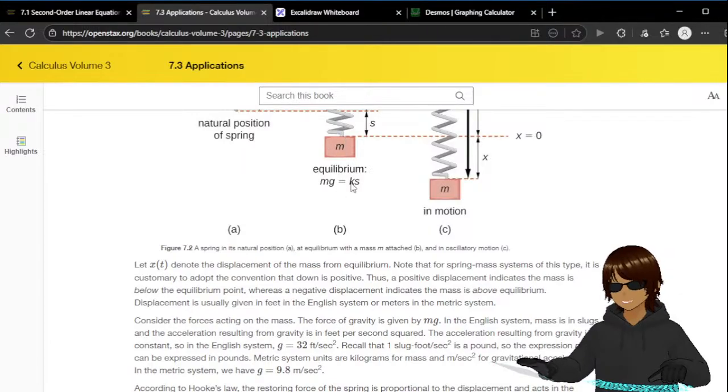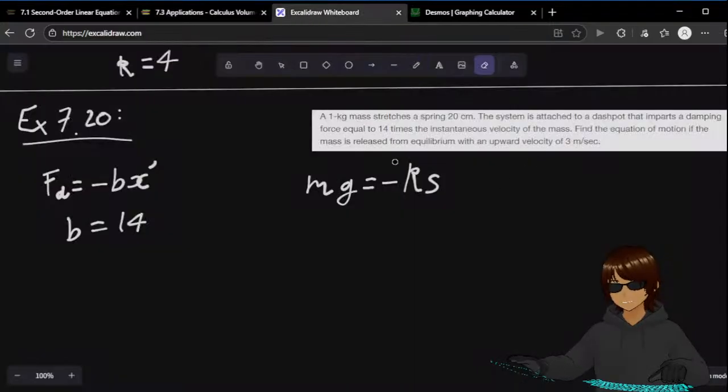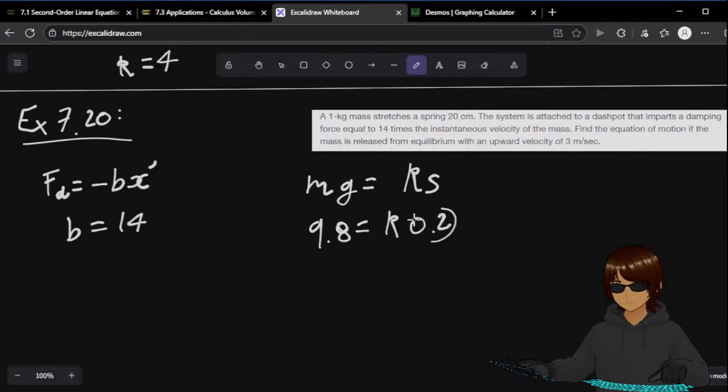Is k negative? Forget it, ks. I'll take g as 9.8 because that's what they give. And the length is 20 centimeters, which is 0.2 meters.